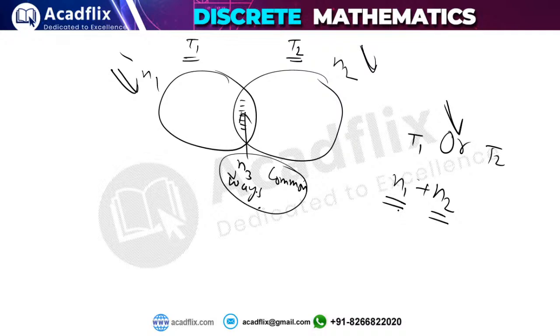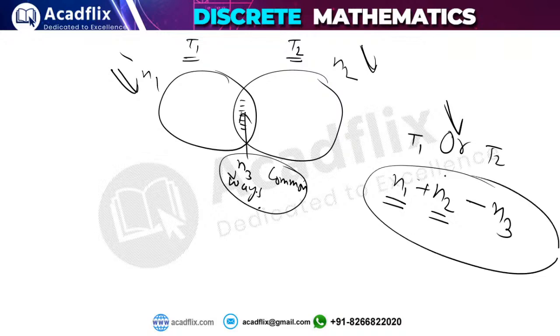But we do not want to count them twice. So we subtract n3 one time, so that we do not count them twice. So this is the subtraction rule.